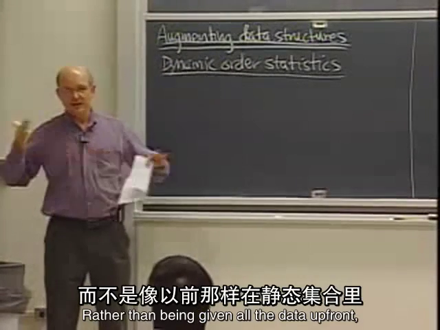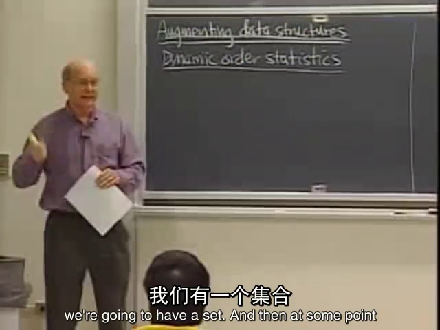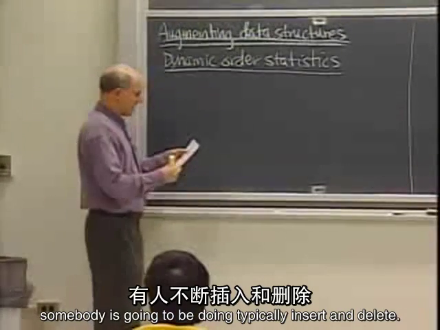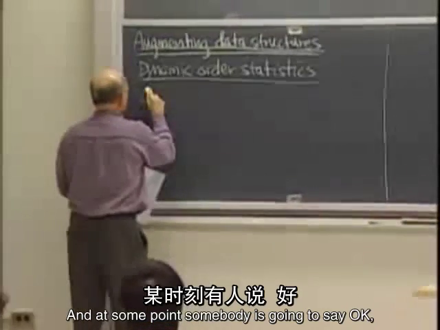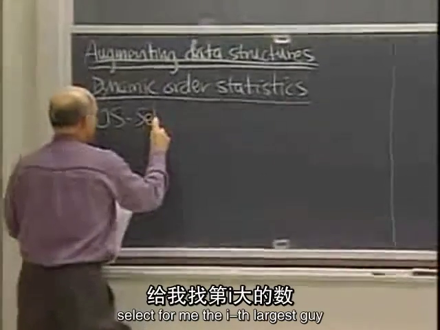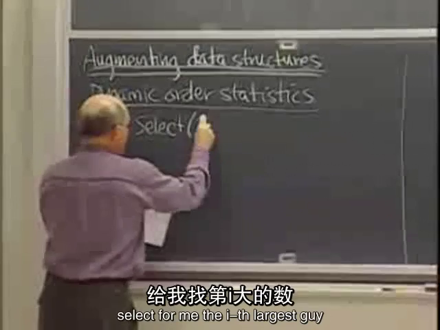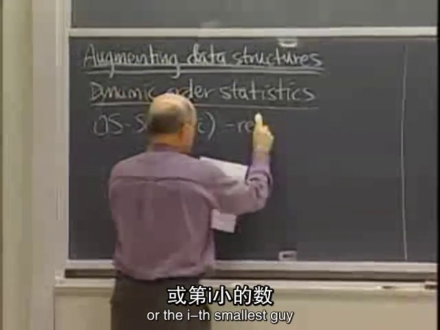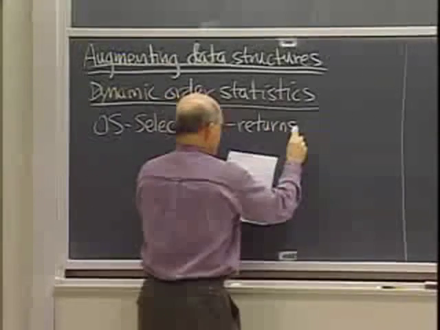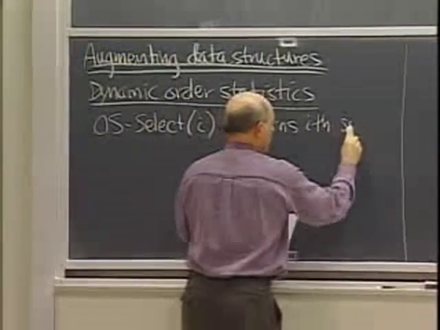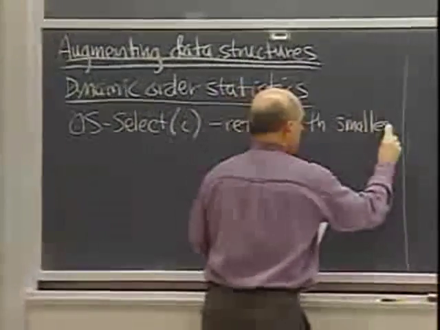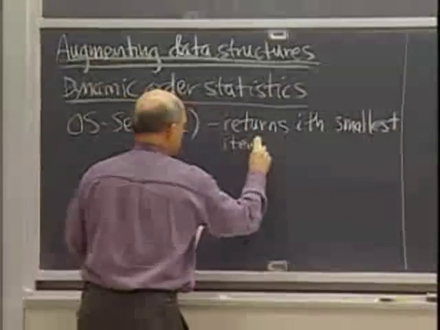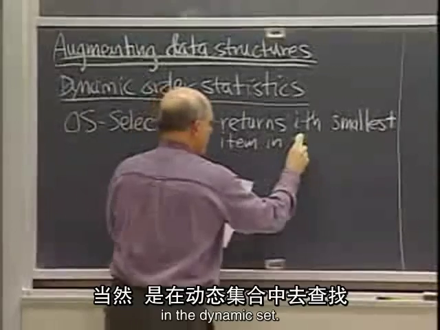Rather than being given all the data up front, we're going to have a set, and then somebody is typically going to do insert and delete, and at some point somebody's going to say, select for me the ith largest, or ith smallest, element in the dynamic set.